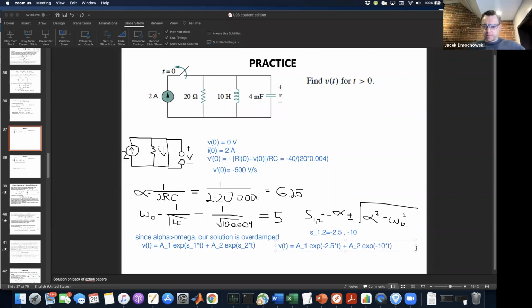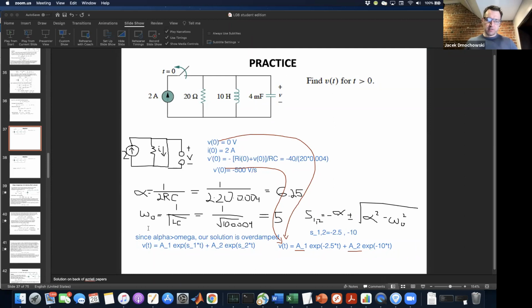And we have that. So we're almost there. Now, the last step is to basically take this and plug it into here, and then take this and plug it into here. We need to find A1 and A2, and we're going to get them by plugging in these values.